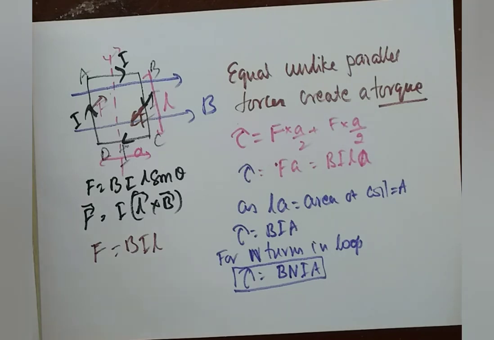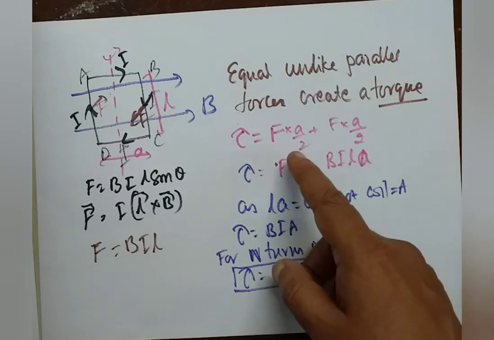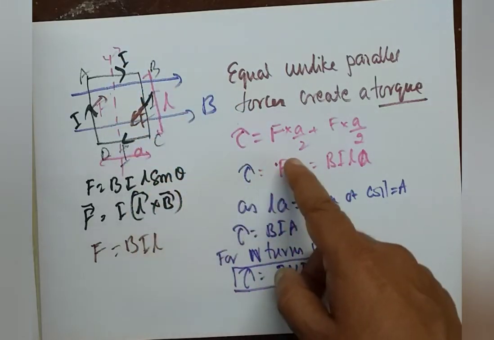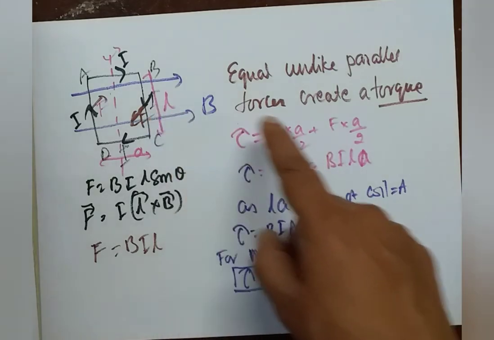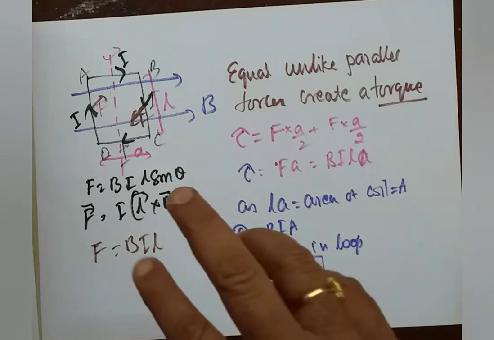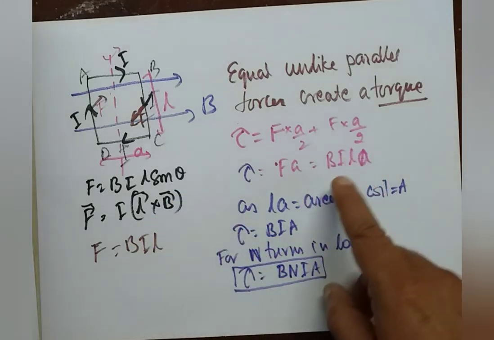The moment of couple or the torque is given by force into perpendicular distance. If we take this as the axis, force is F into A by 2 on one side plus F into A by 2 on the other. As they act to rotate the coil in the same direction, we have to add them.